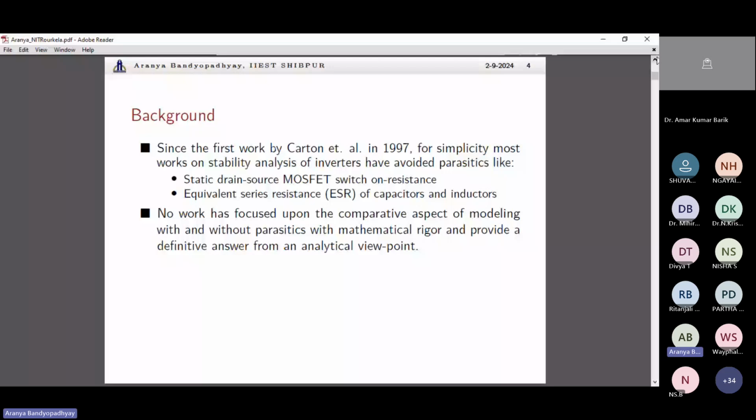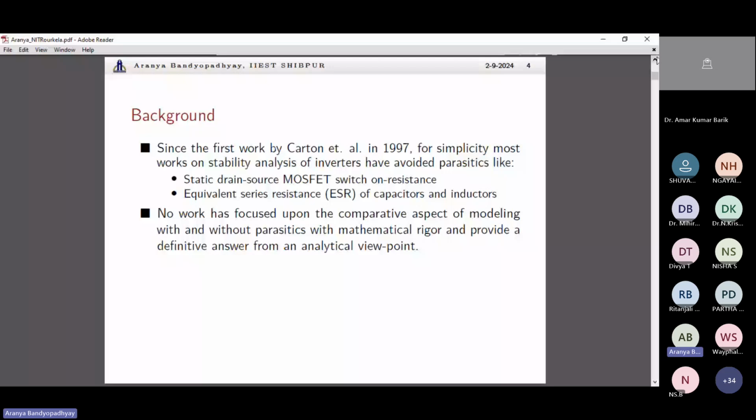And even if you opt for the state space average approach, if you go for, say, a Bode plot, and just see whether the gain margin and phase margin are within the positive range, or whether they are becoming negative, even in that case of modeling, you will inevitably avoid parasitics just to simplify the equation.